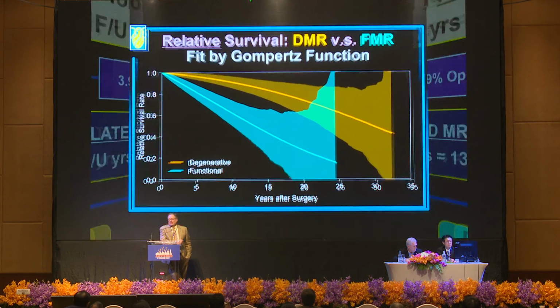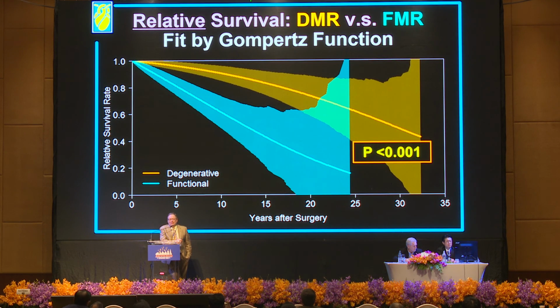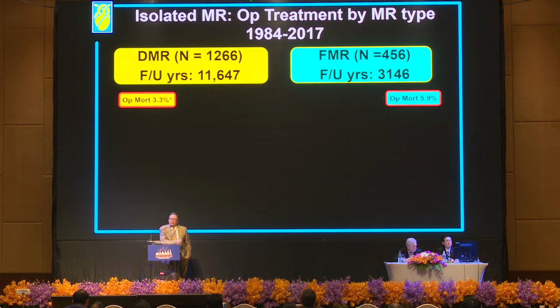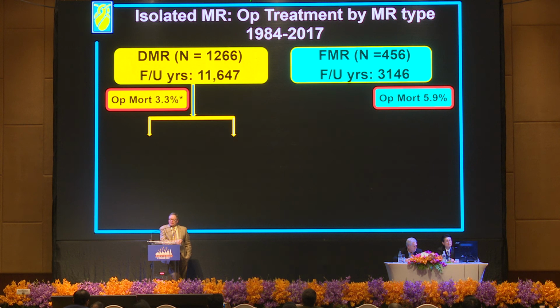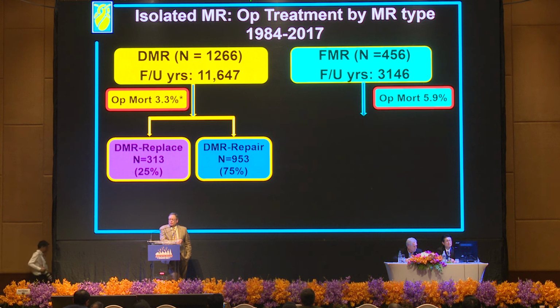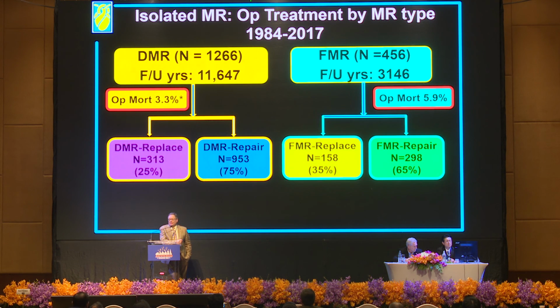And we compare degenerative and functional MR. This shows you what you already know, that if you come in with functional mitral regurgitation, you do much worse long term. This is relative survival, so it's adjusted for age and gender and operative year. So much worse survival. So if you look at these two operations, there's a much higher operative mortality for functional mitral regurgitation than there is for degenerative.